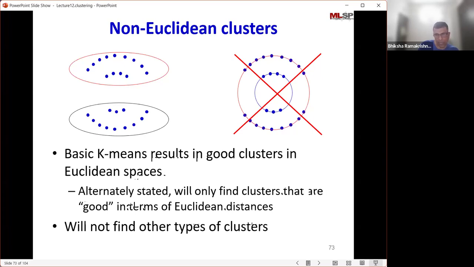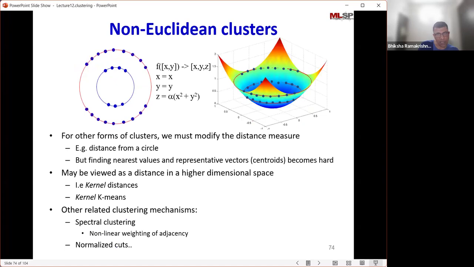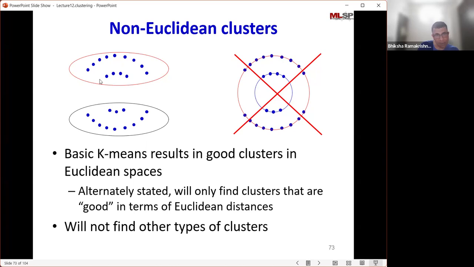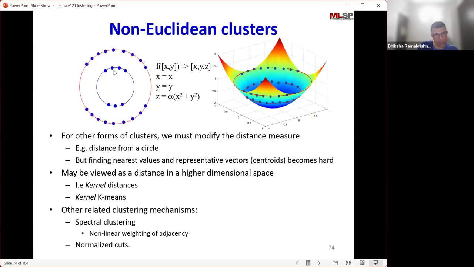For this, I want non-Euclidean clusters, right? Now, how can I come up with a mechanism that still uses k-means based on L2 divergence, so I don't go searching for some fancy new divergence technique, but somehow manages to group the inner circle and the outer circle into the two clusters?